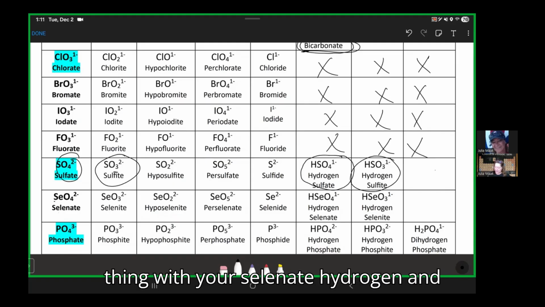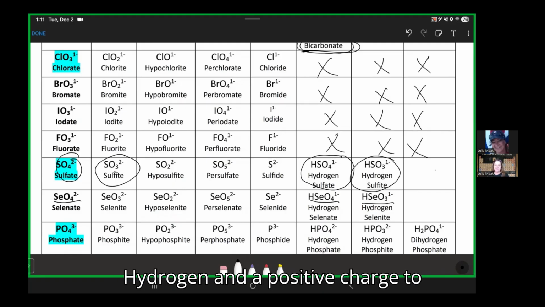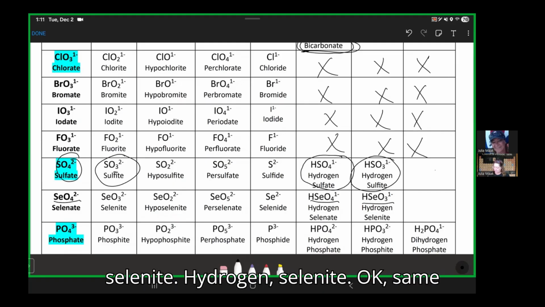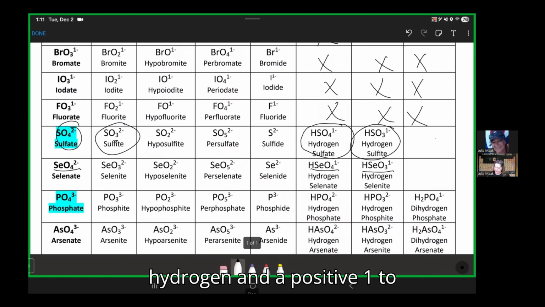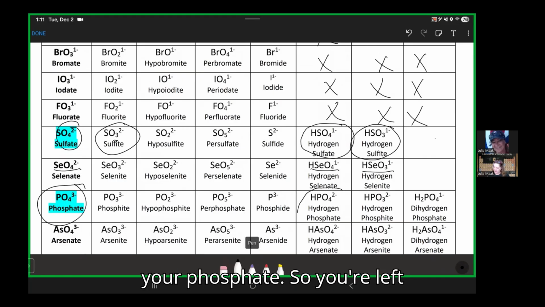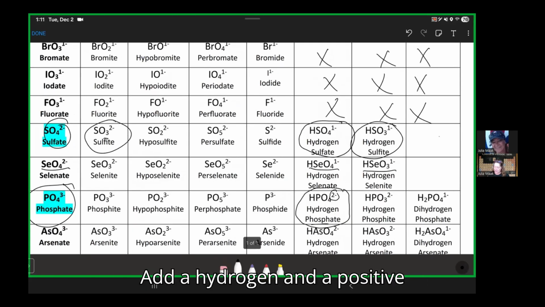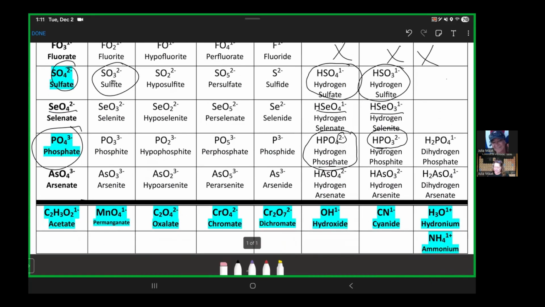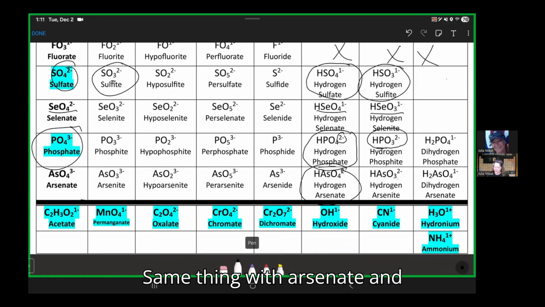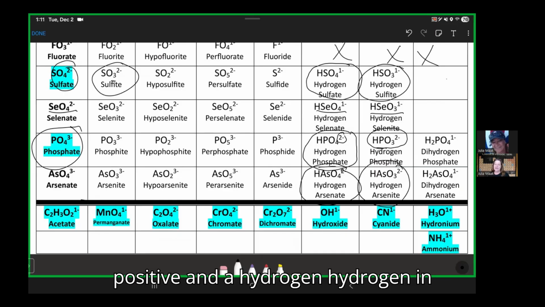Same thing with your selenate, hydrogen and a positive charge, hydrogen selenate, hydrogen and a positive charge to selenite, hydrogen selenite. Okay, same process with phosphate. Add a hydrogen and a +1 to your phosphate. So you're left with a -2, hydrogen phosphate. Add a hydrogen and a +1 to phosphite, hydrogen phosphite. Same thing with arsenate and arsenite. Hydrogen arsenate, hydrogen arsenite. Drop the charge, add a 1 positive and a hydrogen, put hydrogen in front of the name.